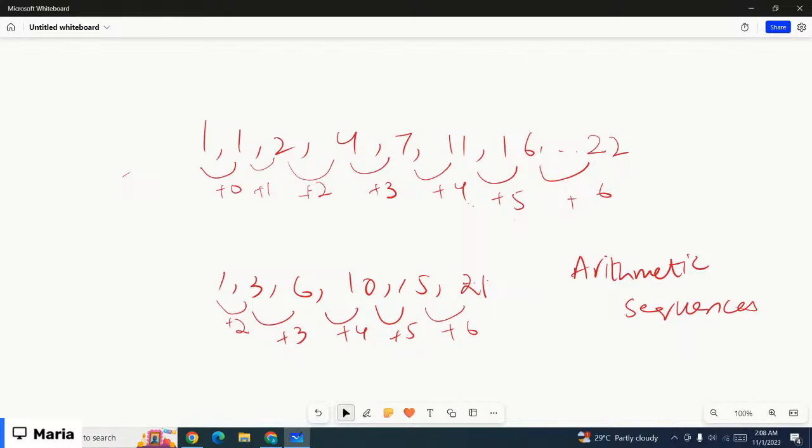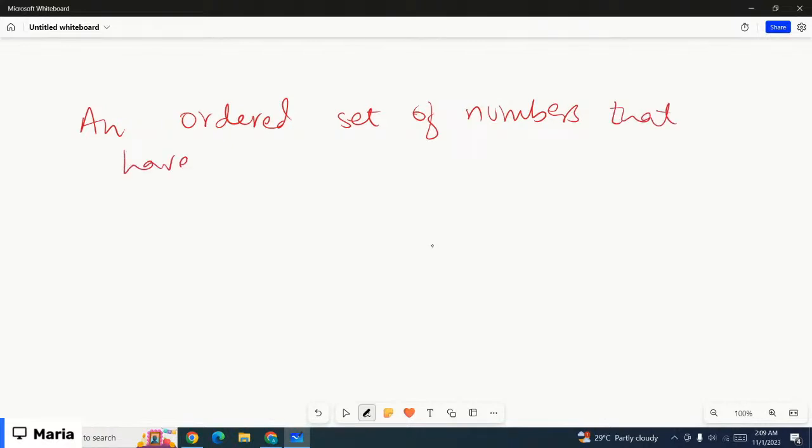Okay, an arithmetic sequence is an ordered set of numbers that have a common difference, but the one we just did, they don't have the common differences, right?